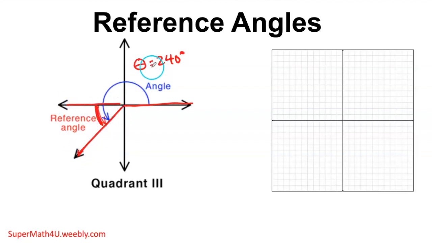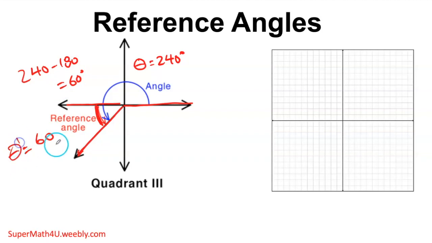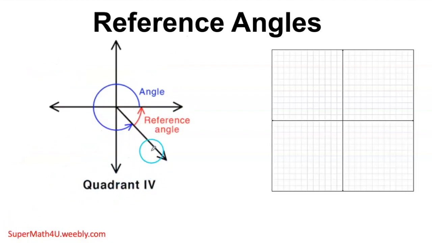Because 240 is greater than 180, I do 240 minus 180, and that's going to give me 60 degrees. So this reference angle, which I can call theta prime, is 60 degrees, always with the x-axis.